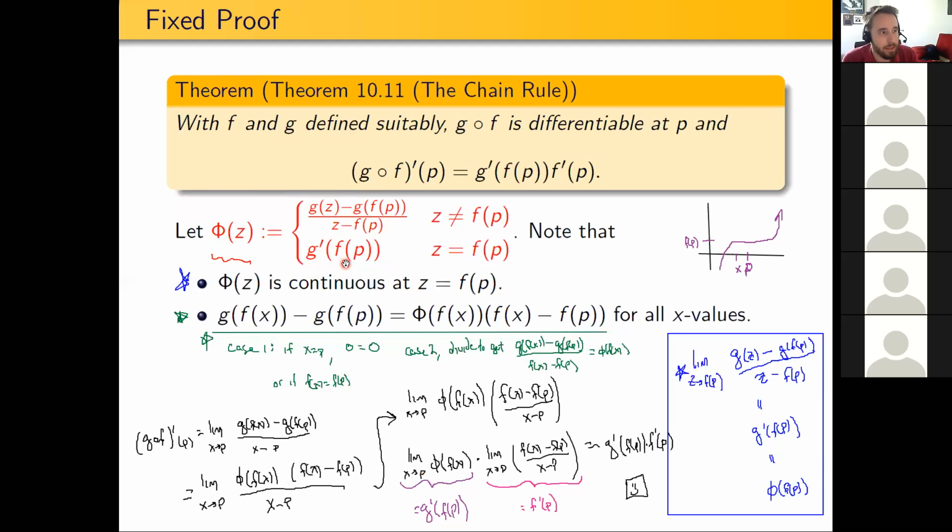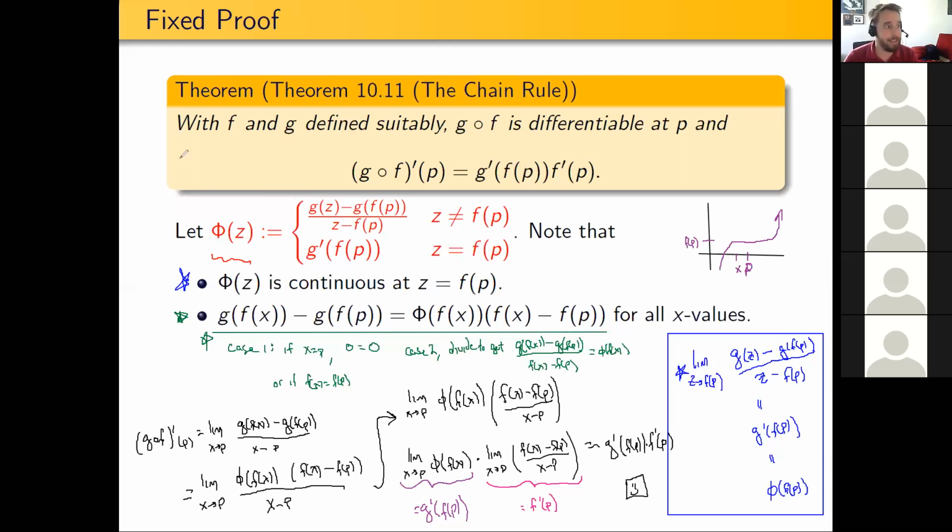So in short, I wanted to define phi primarily so that it equaled this difference quotient. So whenever I plug in a z, this would be a difference quotient involving g's: g of the thing I'm plugging in minus g of the point f of p, over z minus f of p. Something that I know ahead of time is that my function g is continuous at f of p.